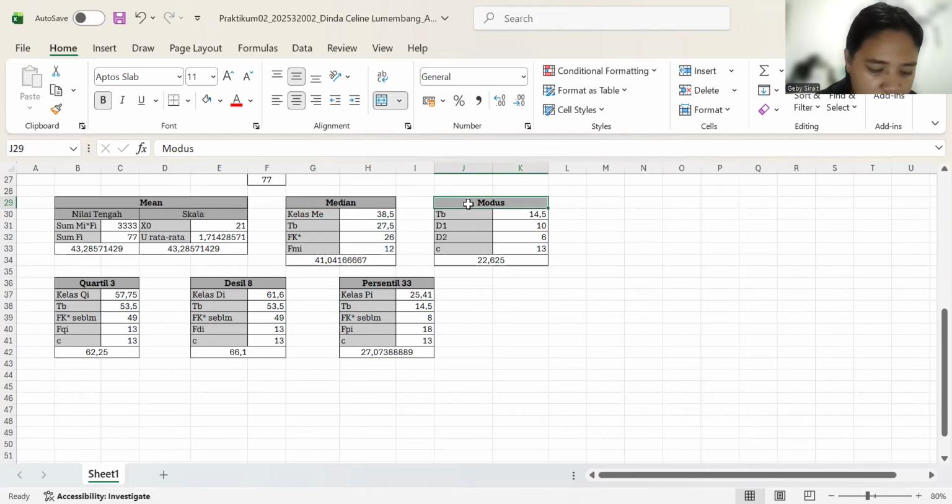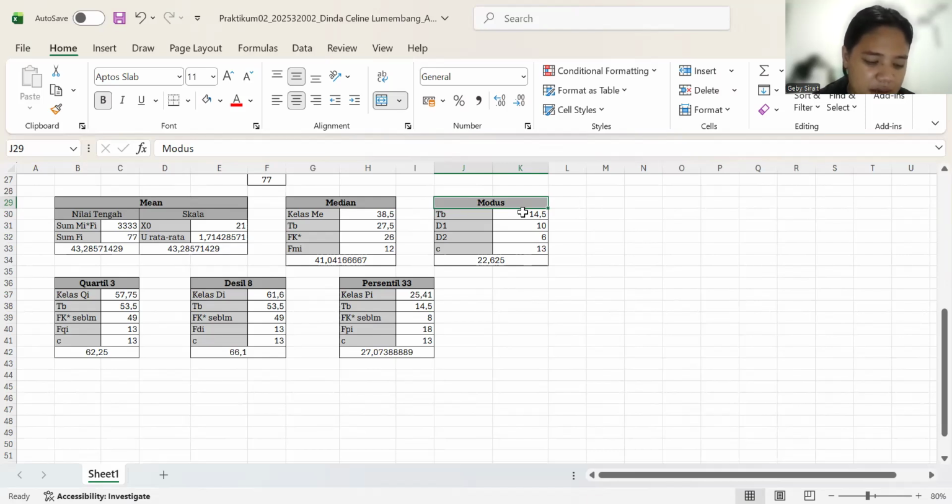Mode. The modal class is defined by looking at the class parallel to the zero value in the step deviation column, the class with the highest frequency. The lower edge is obtained by subtracting 0.5 from the lower limit of the modal class.